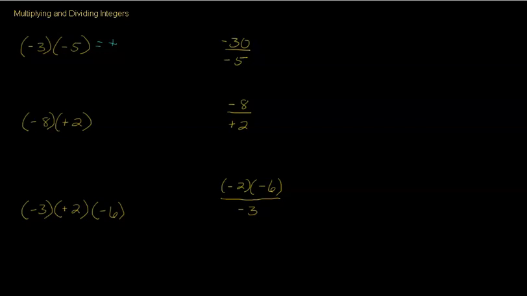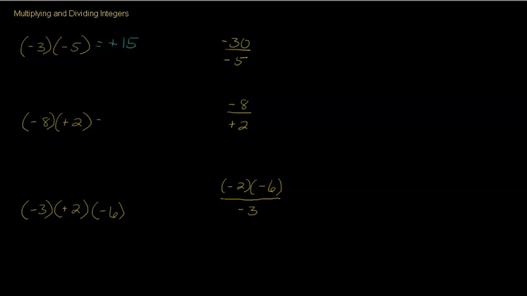So I have negative 3 times negative 5, which is just going to be a positive 15. Two negatives being multiplied together is going to be a positive. That's different than adding and subtracting. So again, forget the rules of adding and subtracting integers. Integers are positive and negative numbers, whereas whole numbers are just positive.